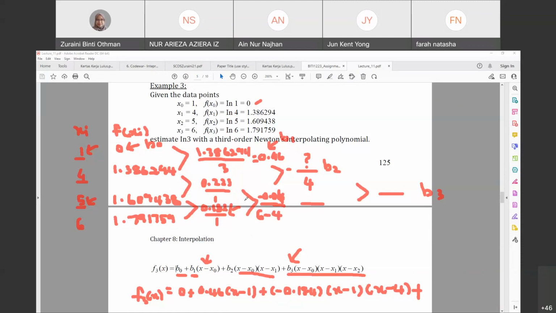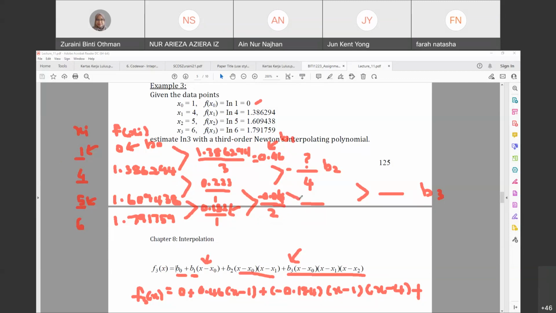Because of these two intervals, the lowest one involved is this, which is 4. 6 tolak 4 iaitu 2, right? Jadi macam kita back to the parent root. Okay, this is 2, 6 tolak 4. So negatif 0.04 bahagi 2 ialah negatif 0.02, right?